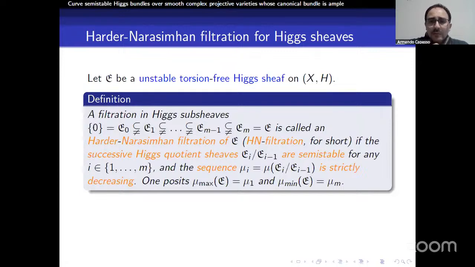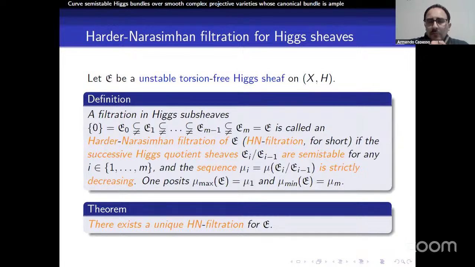And moreover, the sequence of the slopes of these quotients is strictly decreasing. One posits the maximal slope of E equal to mu_1 and the minimal slope of E equal to mu_m. Of course, this filtration is trivial in the case where the Higgs sheaf is semistable. And it is important to note that the Harder-Narasimhan filtration exists and is unique for any Higgs sheaf.